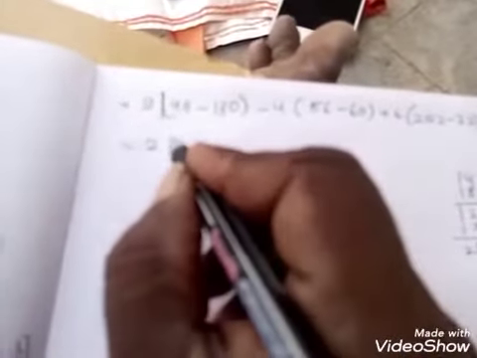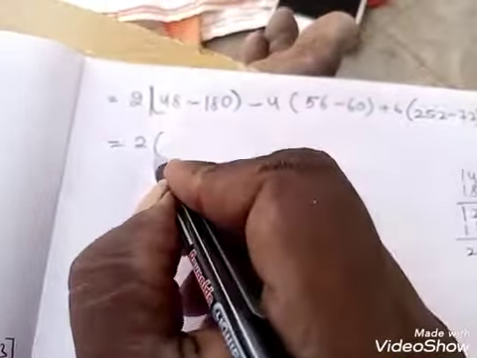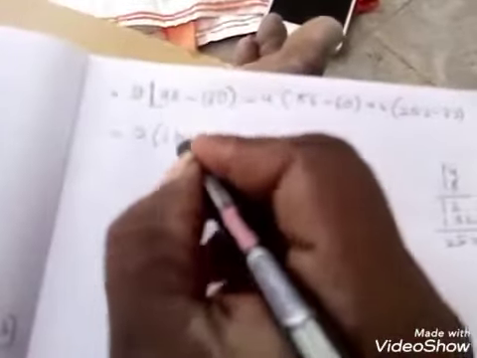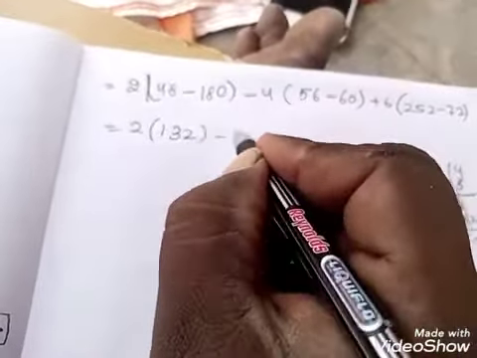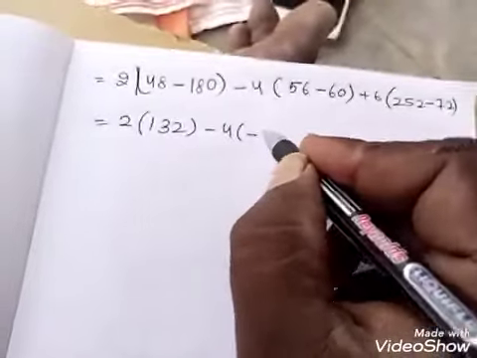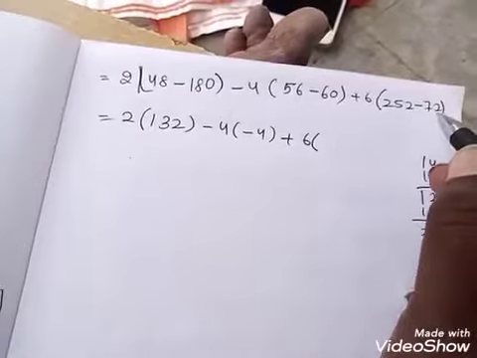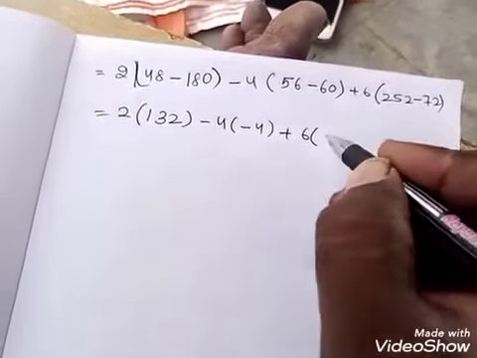Minus 6 twelves are 72. Now observe, 2 into (48 minus 180), which is minus 132, minus 4 into minus 4, and plus 6 into (252 minus 72), that means 180.